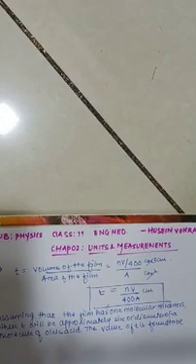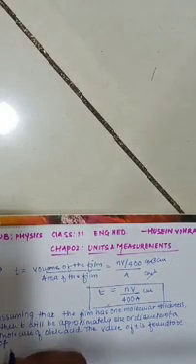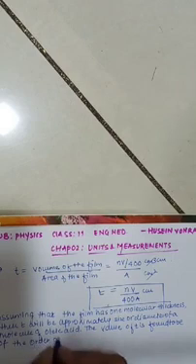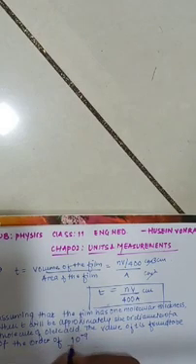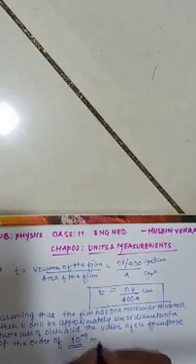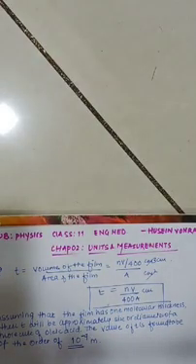The value of t is found to be of the order of 10 power minus 9 meter. Remember, the value of t found for oleic acid experimentally was found to be 10 power minus 9 meter.